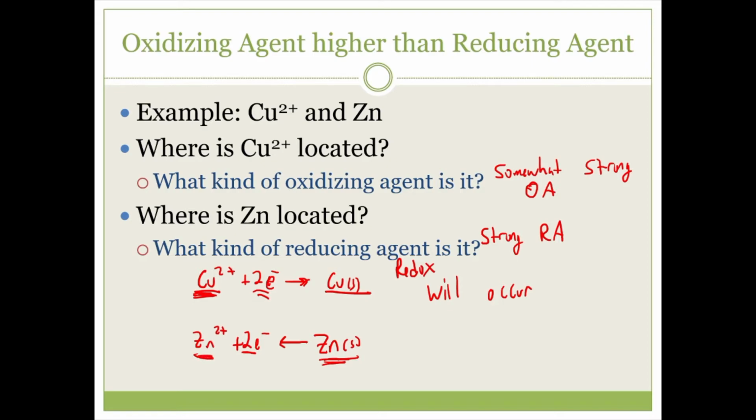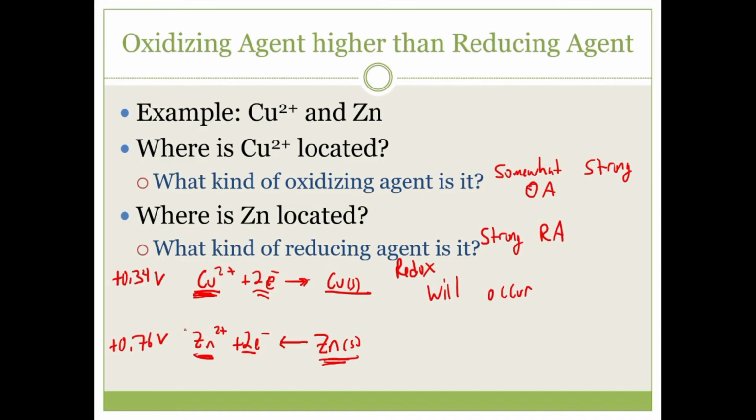Now what will happen here also is that if you look at the copper 2+, this has an electric potential of, write it down here, positive 0.34 volts, and then the zinc oxidation, because it's giving up its electrons, has a positive voltage of 0.76 volts.